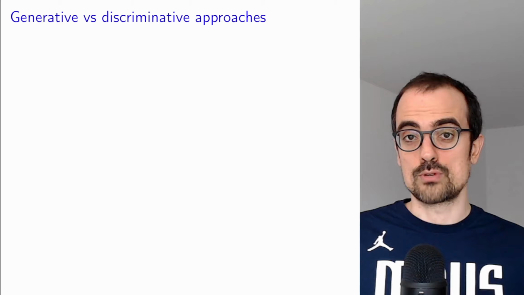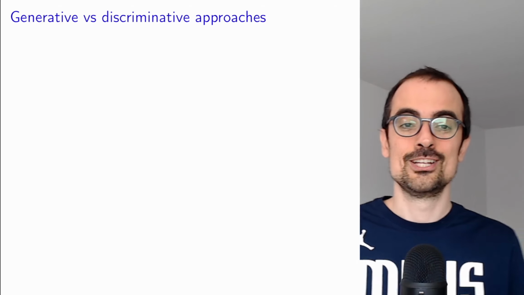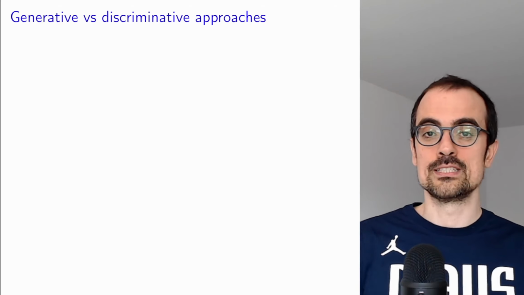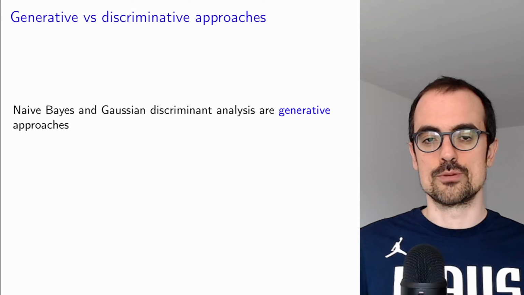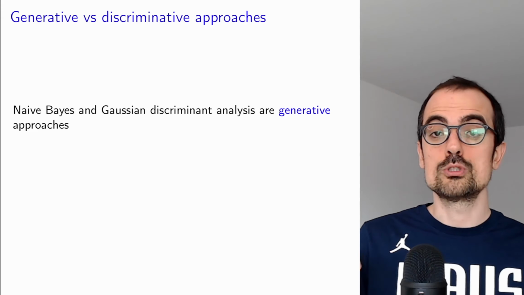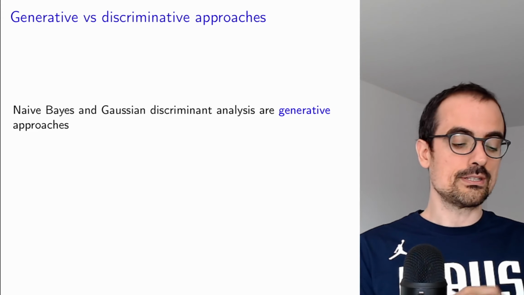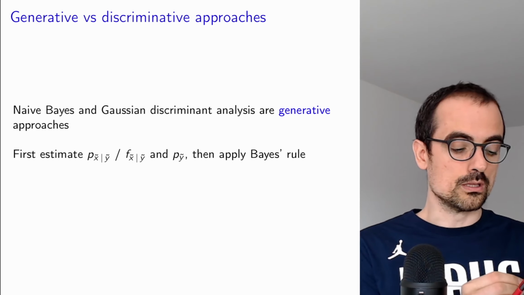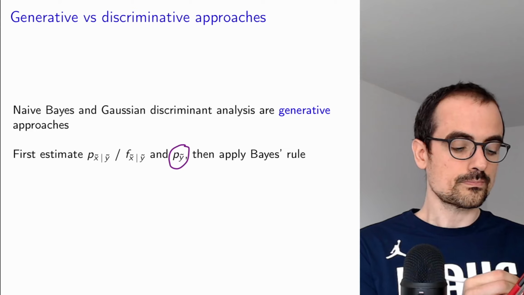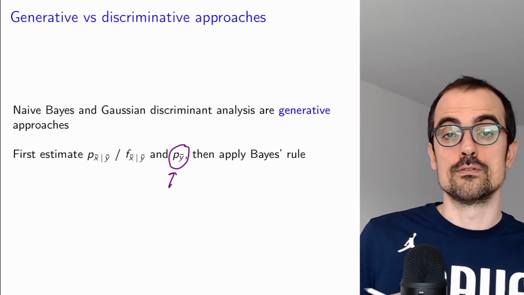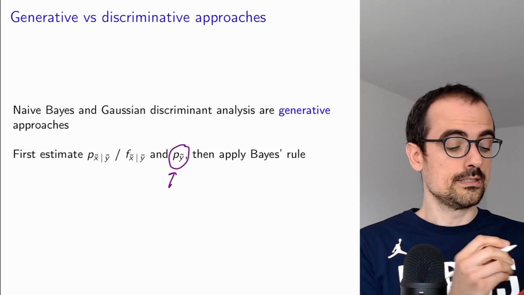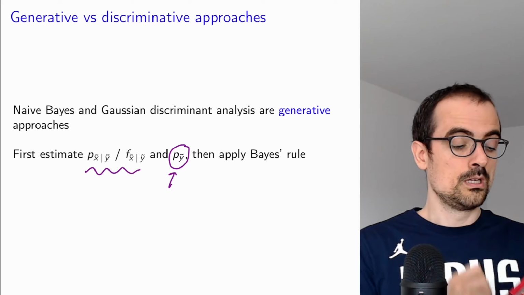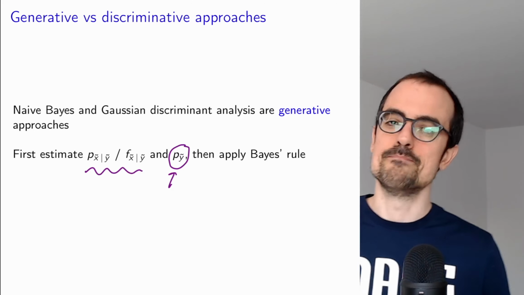There are several strategies to do this, and we have actually talked about two such strategies in other videos. They were naive Bayes and Gaussian discriminant analysis. Those two approaches are generative. They're called generative approaches because they model the marginal distribution of the labels, and then they also model the conditional distribution of the features given the labels, making different assumptions.